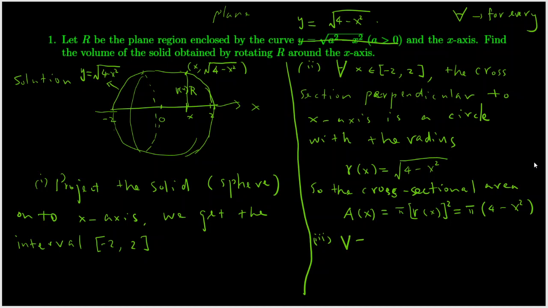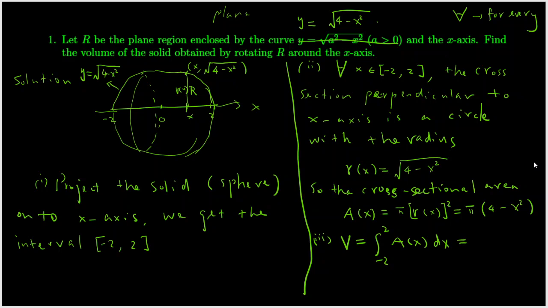So the volume is equal to the integral of the cross-sectional area from negative 2 to 2. You integrate the area of all the cross sections, the cross-sectional area for every x, and then you have the volume.